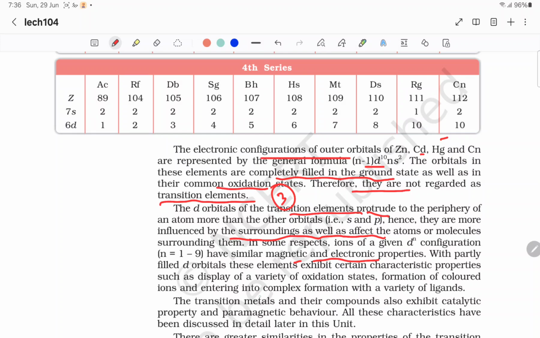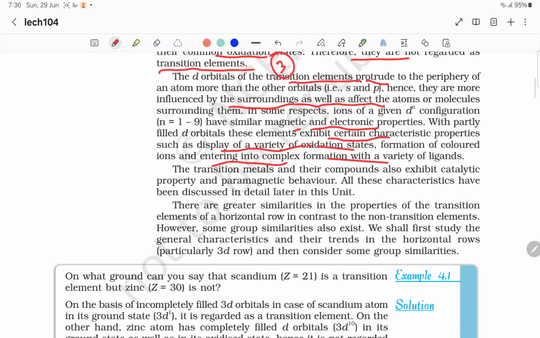With partly filled d orbitals, these elements exhibit certain characteristic properties such as display of a variety of oxidation states, formation of colored ions, and entering into complex formation with a variety of ligands. The transition metals and their compounds also exhibit catalytic properties and magnetic behavior. All these characteristics have been discussed in detail later in this unit.